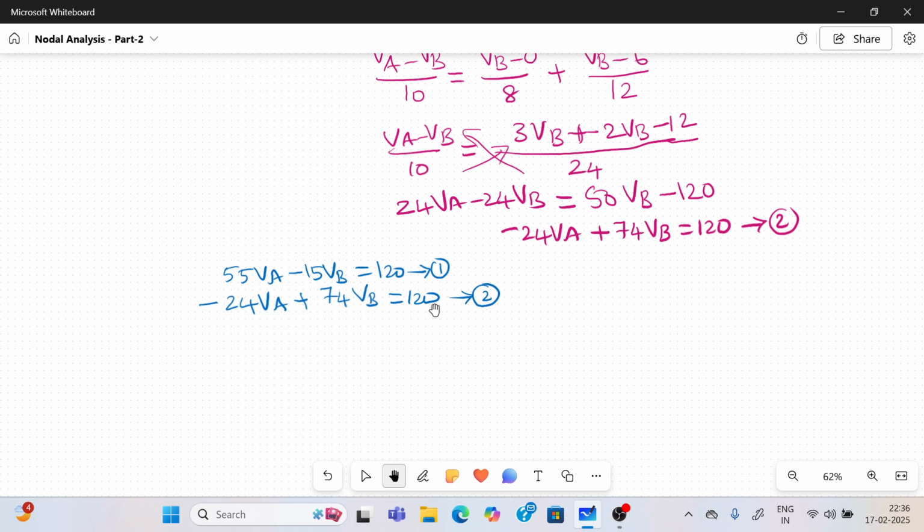Yes, you can solve either by Cramer's rule or you can solve with the calculator equation mode. So I will solve by equation mode. So how many unknowns here? 2 unknowns. So 55, minus 15, 120.